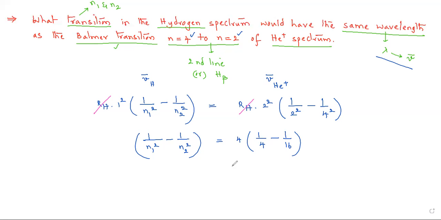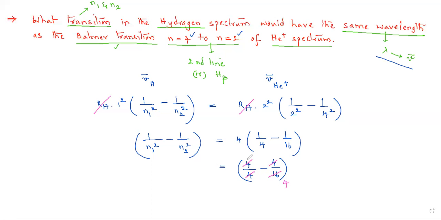Okay, so now let us, of course, simplify this further. We can straight away write, we will just multiply this. Check the way I'm writing. This can be written as 4 by 4 minus 4 by 16, right? Now this will be 1 and this will be 4.